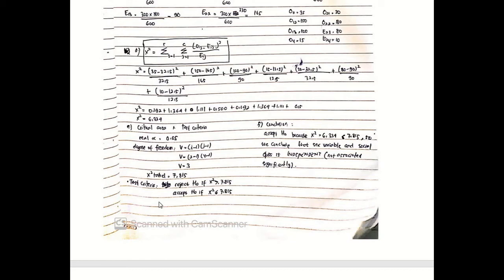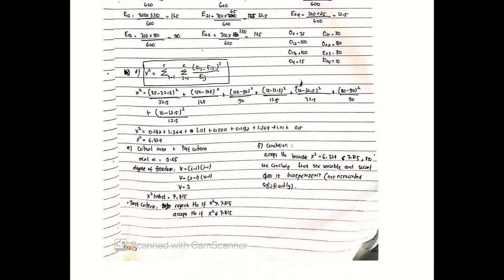Then we do the test criteria. We reject hypothesis 0 if x square is greater than or equal to 7.815, and we accept hypothesis 0 if x square is less than 7.815. After doing the calculation, we accept hypothesis 0 because x square is 6.334, which is less than 7.815.